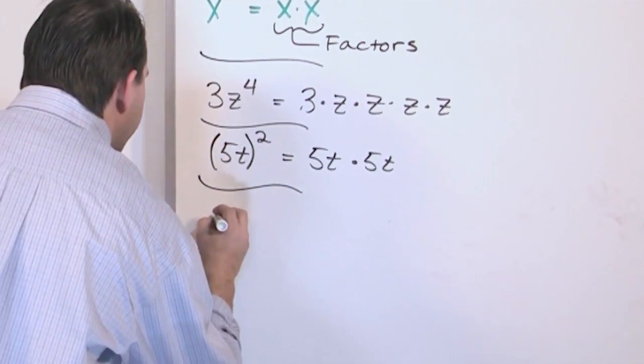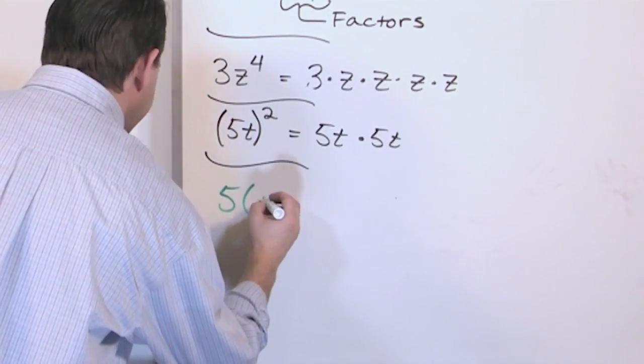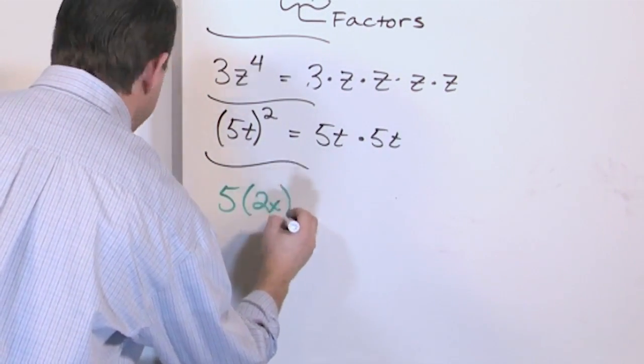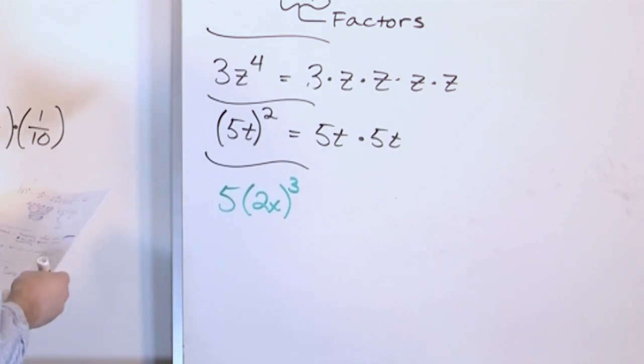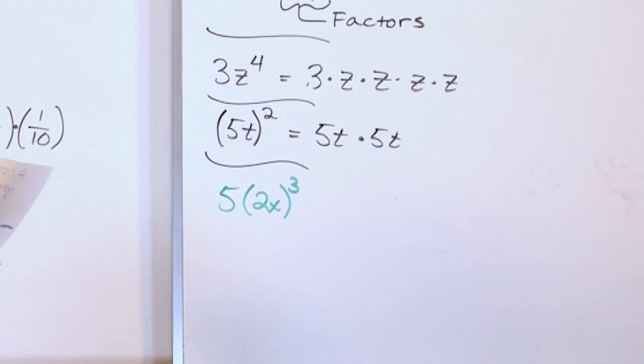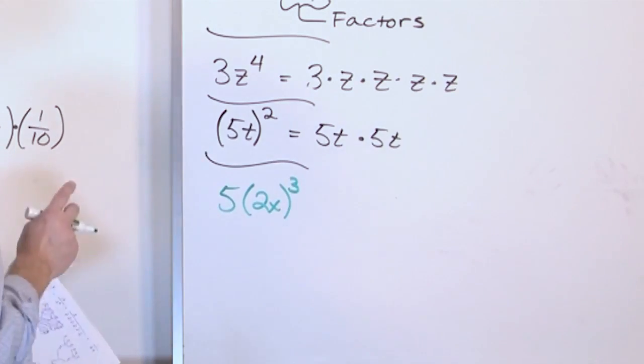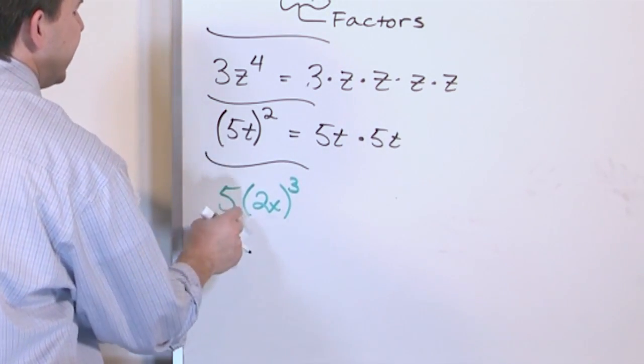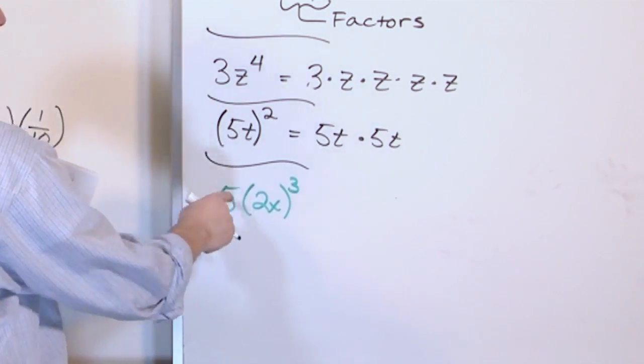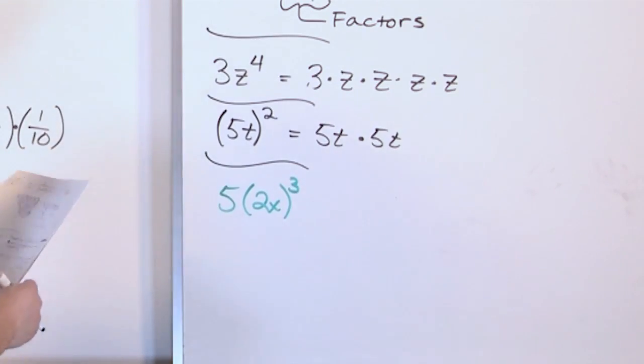Let's say we have 5 times parentheses 2x to the 3rd power. How do you think that's going to be written? Well, like I said, the 5 is sitting next to something without anything in between, so you should really think of it as being multiplied.